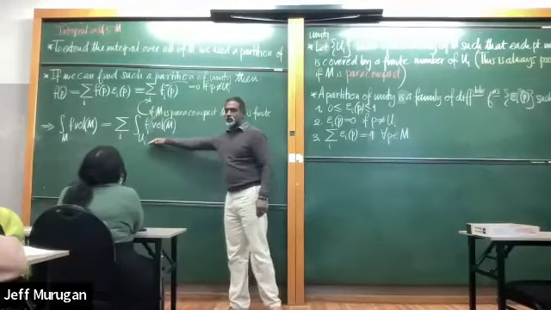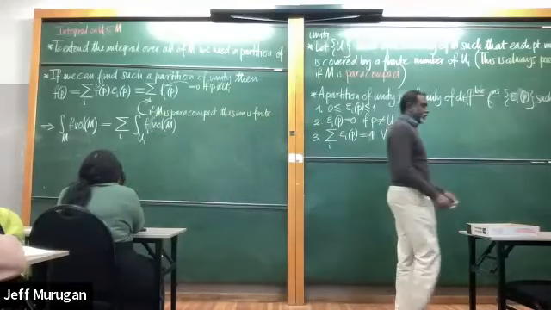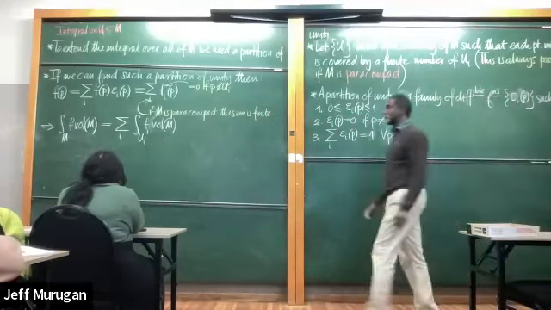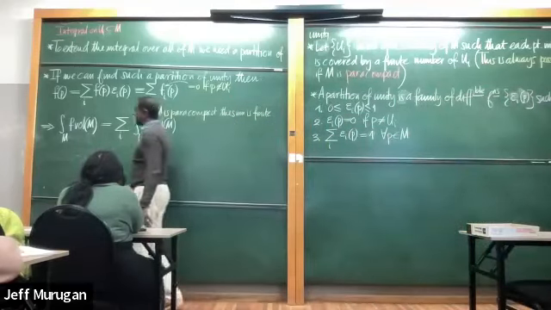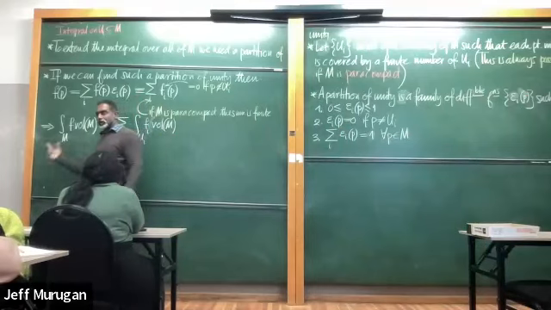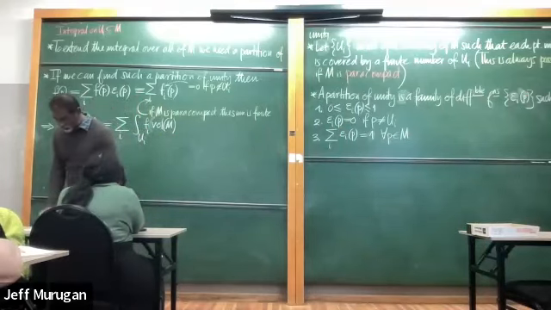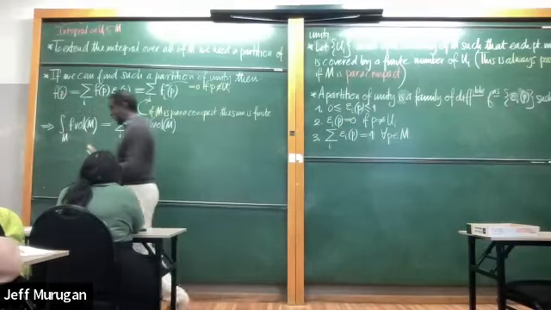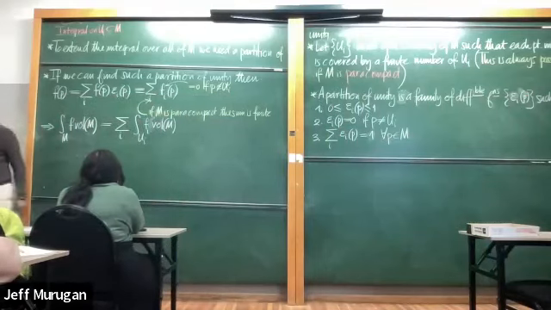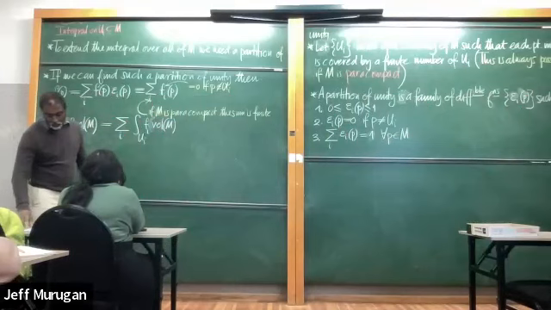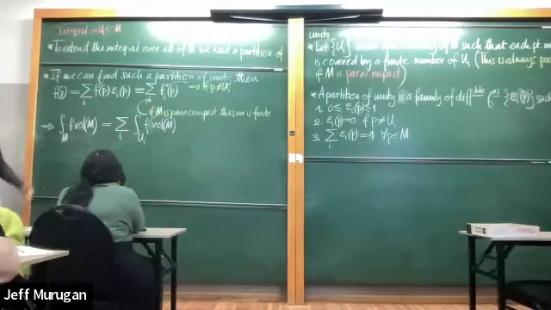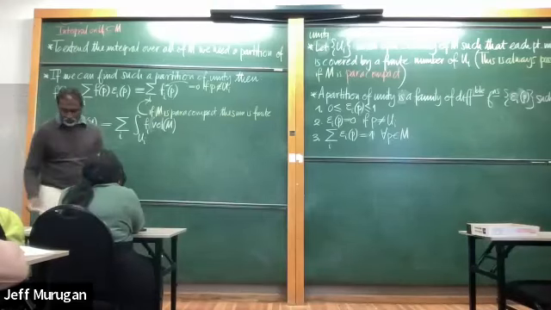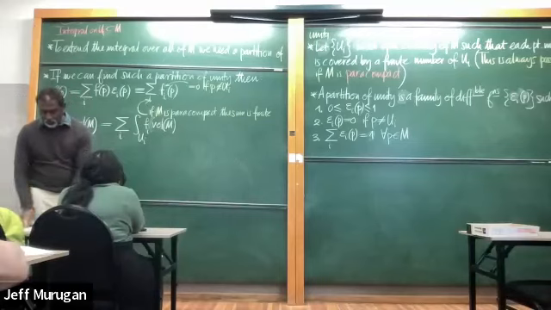Each of these I can calculate by mapping it to flat n-dimensional space R^n. Then I do the usual integrals that I'm familiar with, and sum over all of the i, and that will give you the integral of the function. One point to keep in mind is that a different atlas, a different choice of the U_i's, will give you a different set of coordinates and a different partition of unity. But at the end of the day, that integral will come out to be the same. You're very welcome to check that.